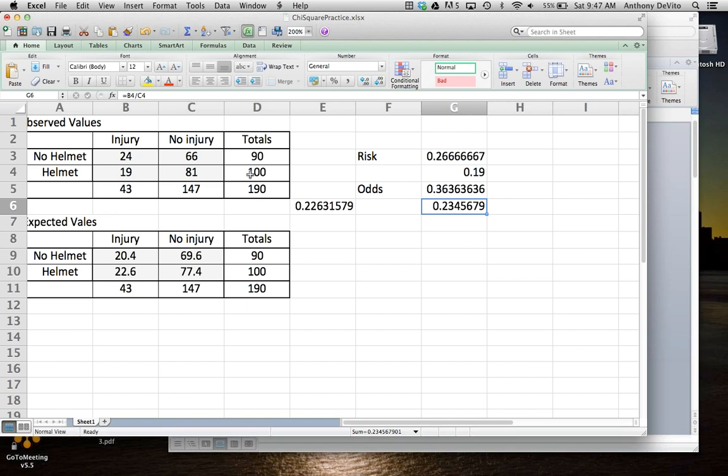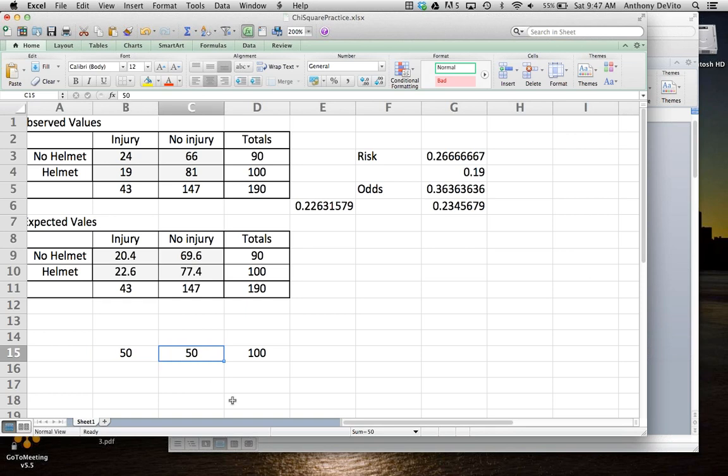Well, if we had out of 100 people, I'm going to make another column here. Out of 100 people, 50 of those people had head injuries, and 50 of them didn't have head injuries. Out of a total of 100 people, you would say the odds are 50 over 50, or 1 to 1.